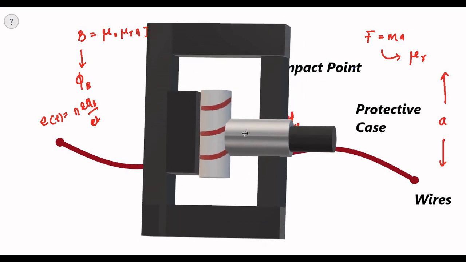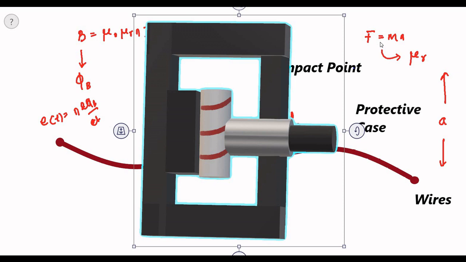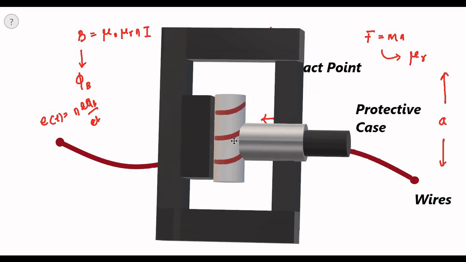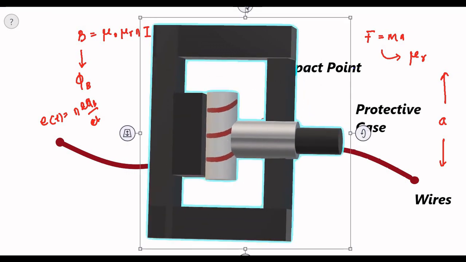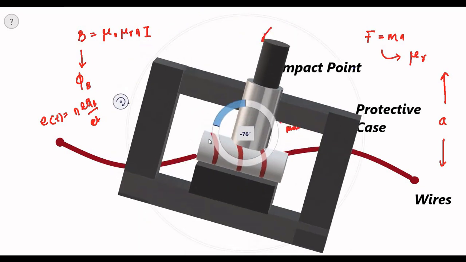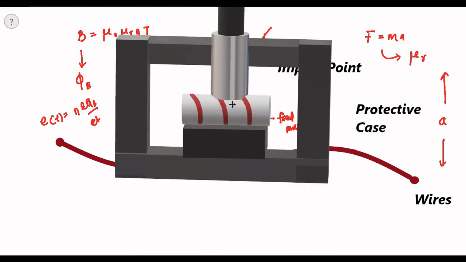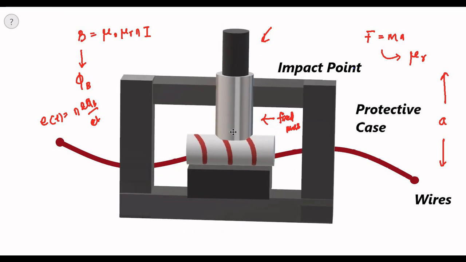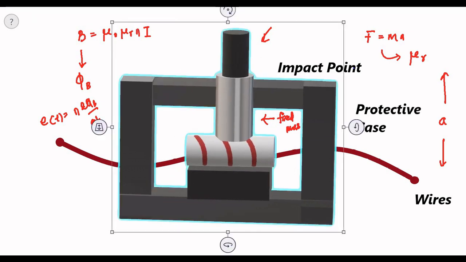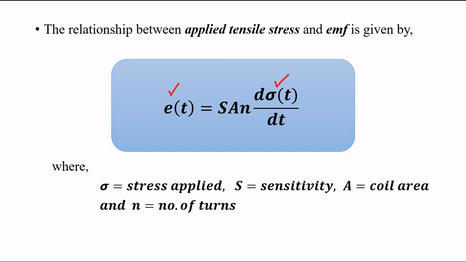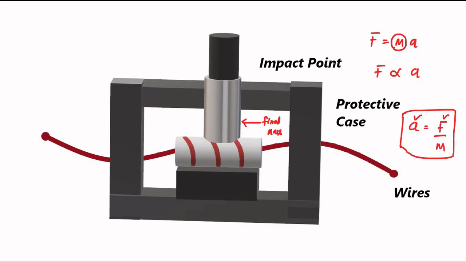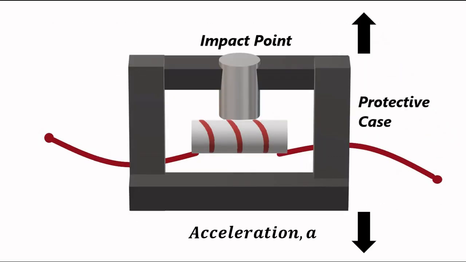Again the force will be channelized here, and converted into change in permeability, then flux density, then flux, and then EMF. So this kind of movement is for horizontal acceleration, and for vertical acceleration it is up and down movement like this. Okay, so this is the basic design principle of the magnetostrictive accelerometer.